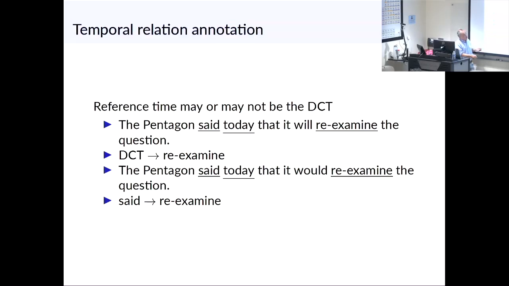And we ask the same question again if we change this to would. Is there a clearer temporal relation between re-examine and said, or a clearer relation between re-examine and DCT? I would say that in the first one it is clearer with respect to the document creation time. Re-examine is after whatever this document is written, right?